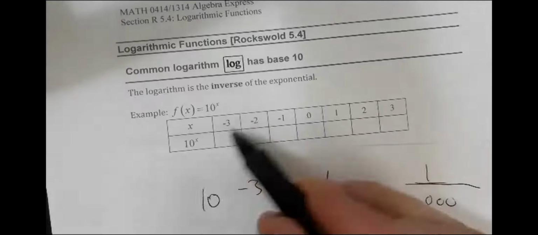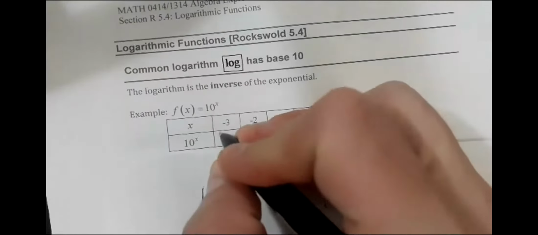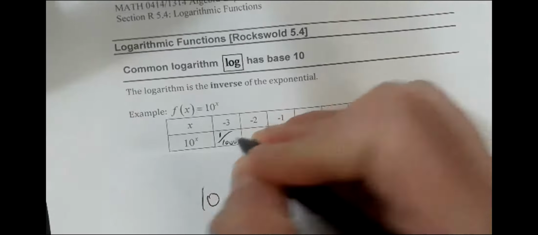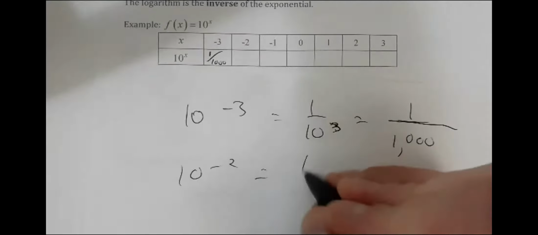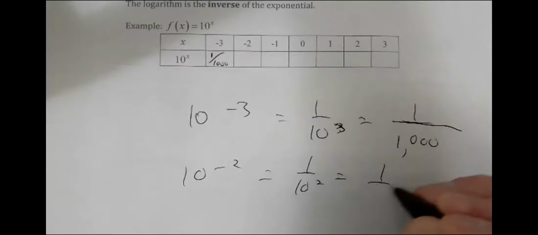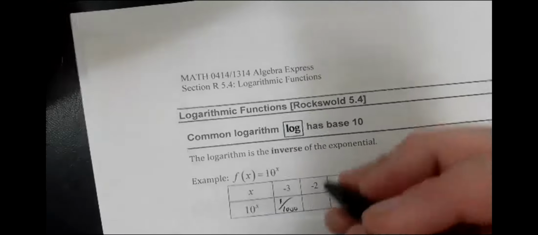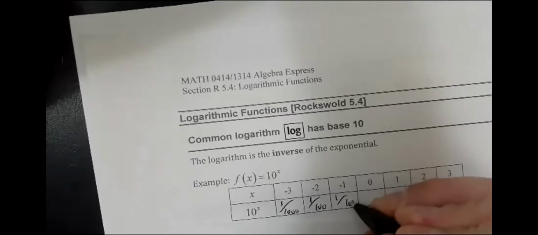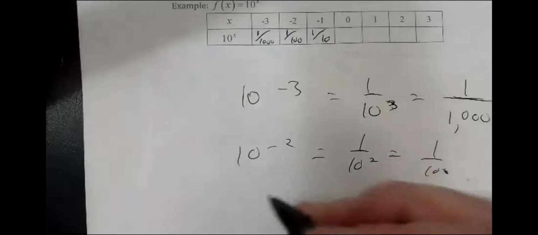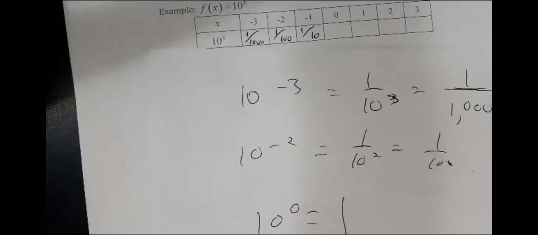If I plug in a minus 3, I'm going to get 1 over 1,000. If I plug in a minus 2, I get 1 over 10 squared, or 1 over 100. Minus 1 is going to give me 1 over 10. If I plug in 0, I get 10 to the 0. It's going to give me 1.